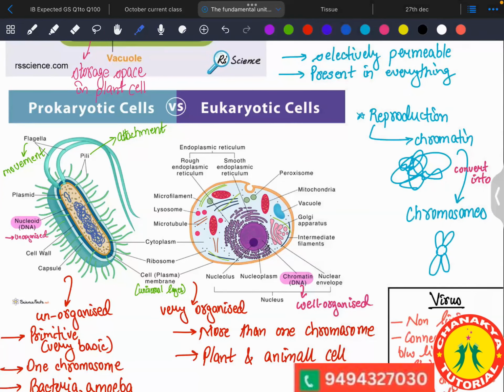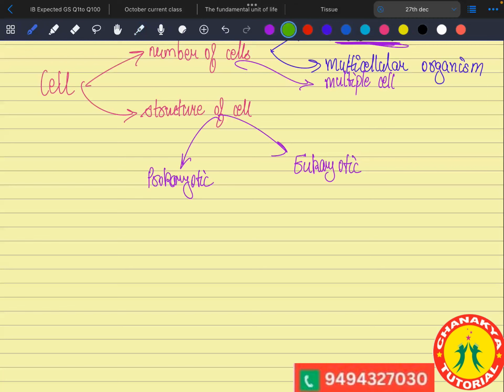So DNA provides instructions, or we say it provides information. It supplies information to different cell organelles.